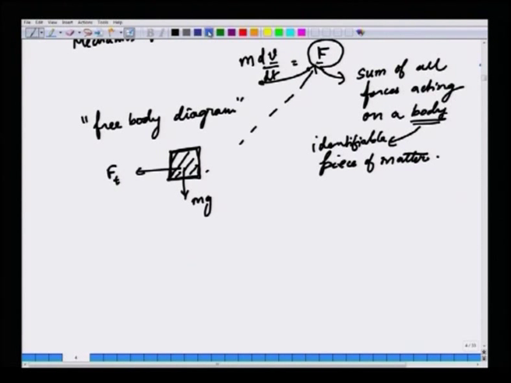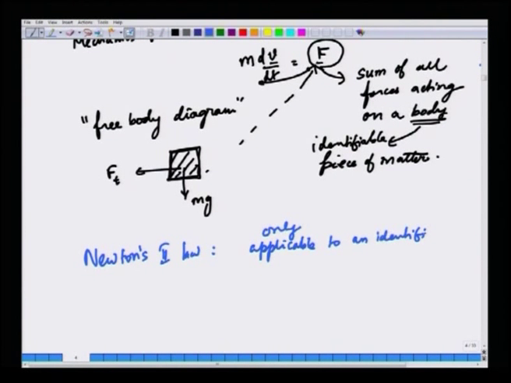But the key in all of this is Newton's second law, which is the fundamental law for motion of material in classical physics, and is only applicable to an identifiable piece of matter, a specific body of matter.